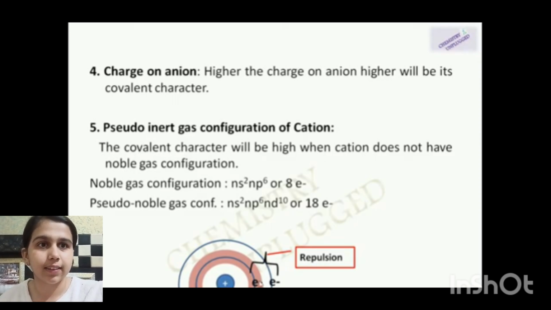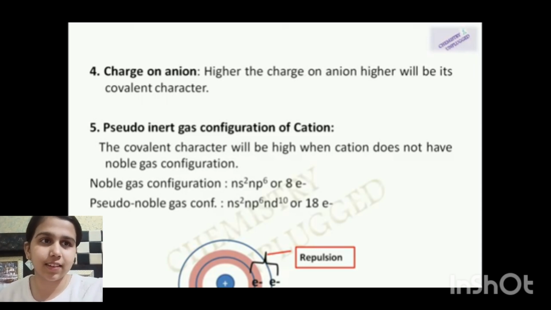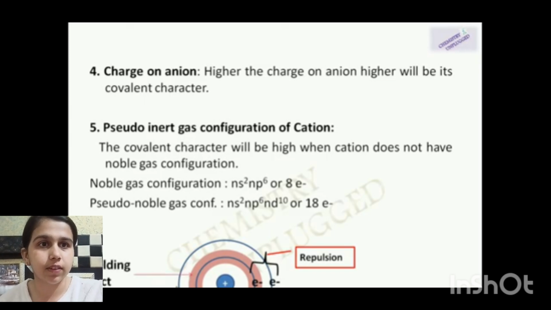Due to the repulsion of these inner shell electrons, the attraction by the nucleus on the outermost shell electrons is decreased. So these inner shell electrons act as shield and it is known as shielding effect.